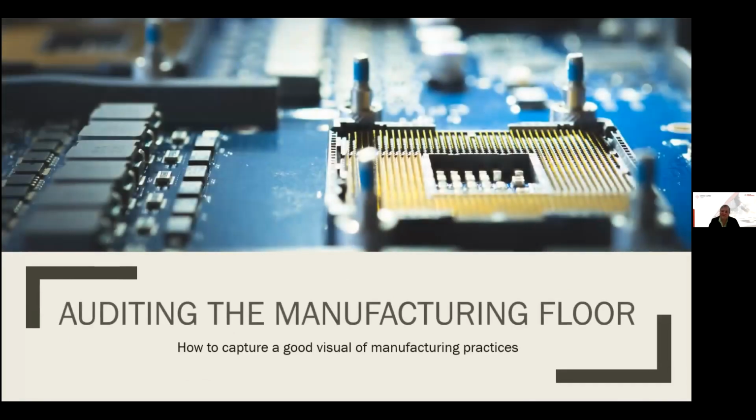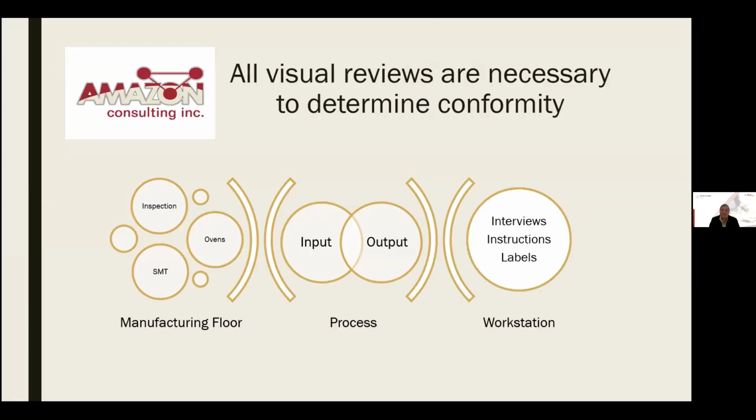So here's the secret. This is the first time I've done this. I've sent this out. So, auditing the manufacturing floor: how to capture a good visual of manufacturing practices. There are three views you must have to validate a manufacturing floor. And if we think about it, when we're on the floor in our boots, walking into the room, I always look at the whole room.